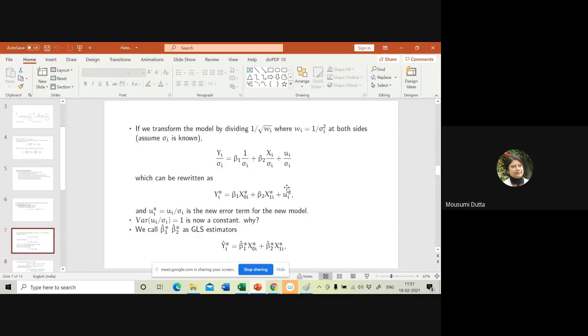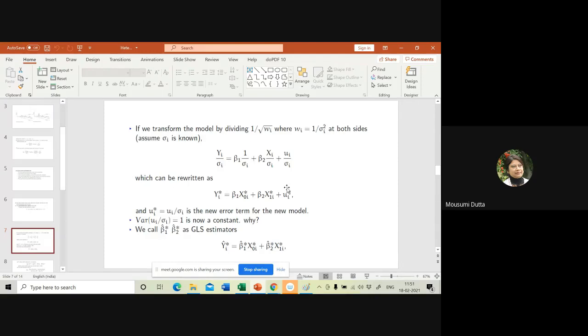Now, when I'm considering this kind of wi, taking root over of these, and wi is equal to 1 upon sigma i square, the variance should be known up to a multiplicative constant. Again, later I'll bring this issue.